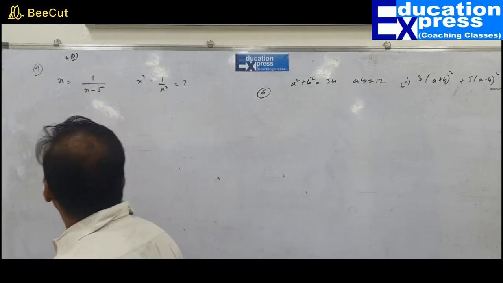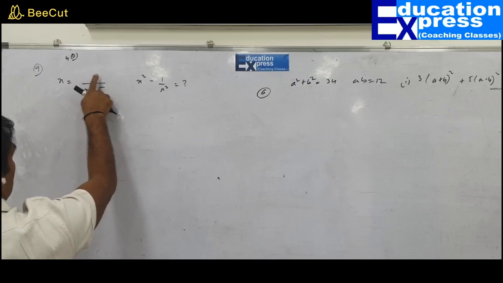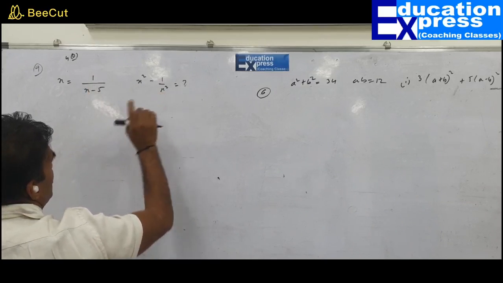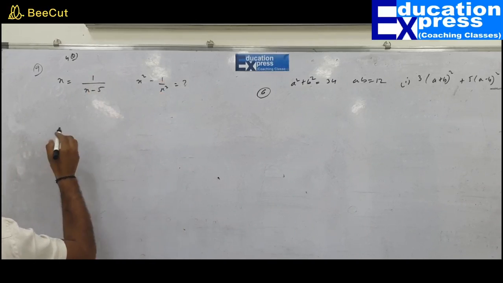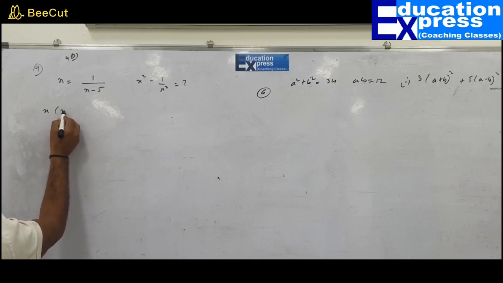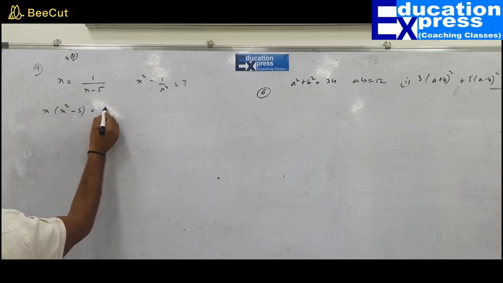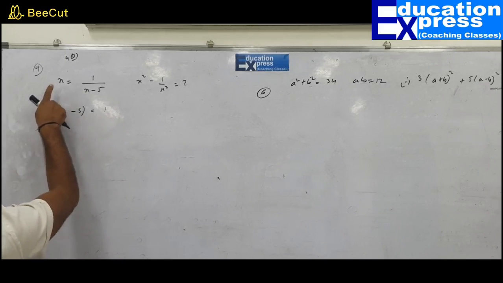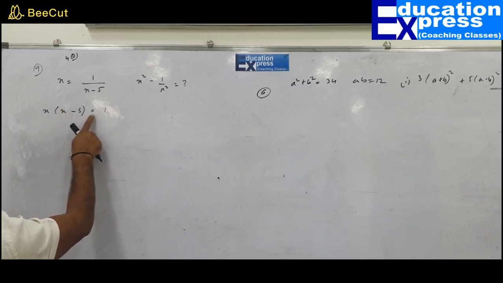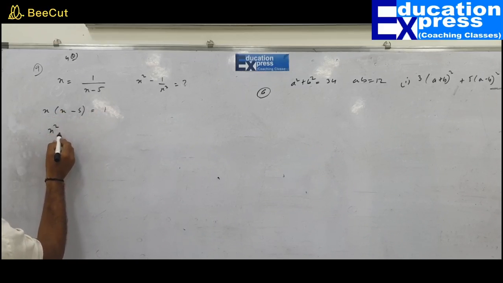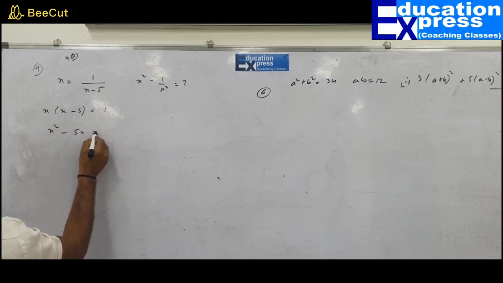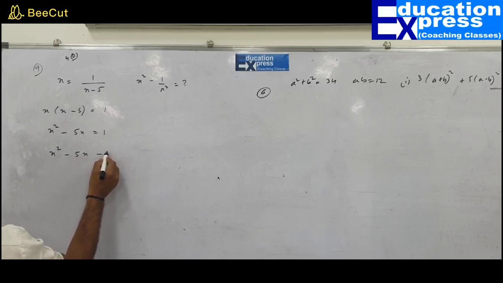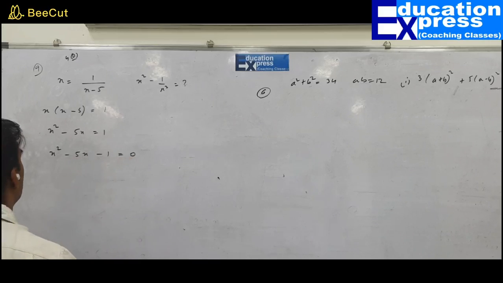Have a look at this question. They have given us x equals 1 upon x minus 5. We need to find the value of x square minus 1 upon x square. So, what we do is first bring it into a horizontal form so that the question becomes familiar to us. This is x into (x minus 5) equals 1, that is x square minus 5x equals 1, which means x square minus 5x minus 1 equals 0.